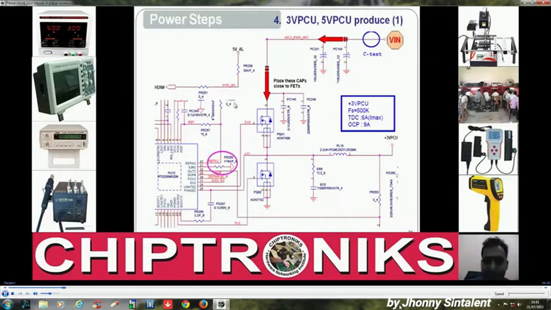So the 5V_AL generated at pin number 7 is fed to pin number 3, VCC, right? And what is the use of VCC? This 5V_AL also gets fed to the PVCC pin.